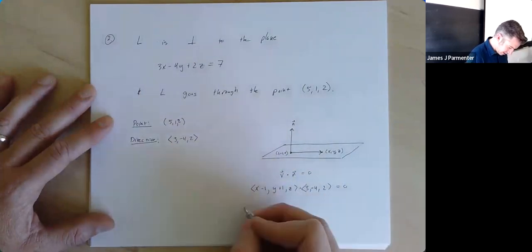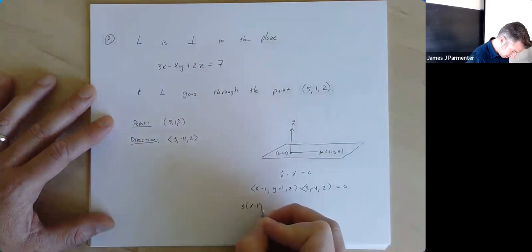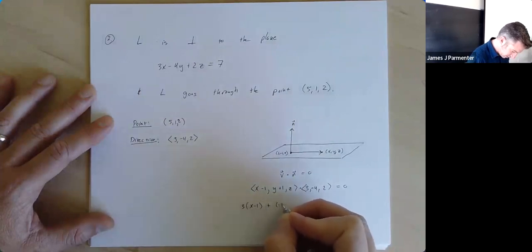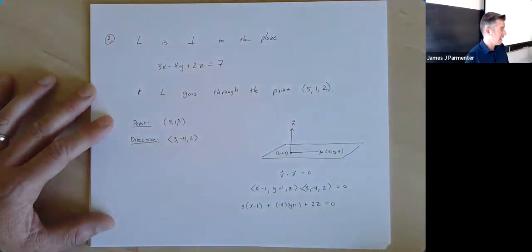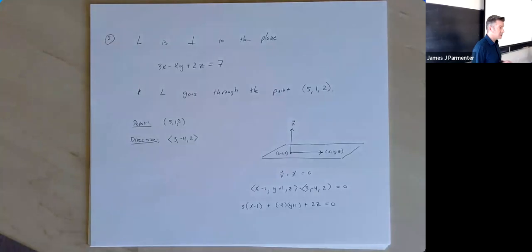When we do this dot product, we exactly get 3 times x minus 1 plus negative 4 times y plus 1 plus 2 times z equal to 0. So that's why those coefficients give you the normal vector, because when you dot those coefficients with any vector in the plane, you get the dot product equaling 0.